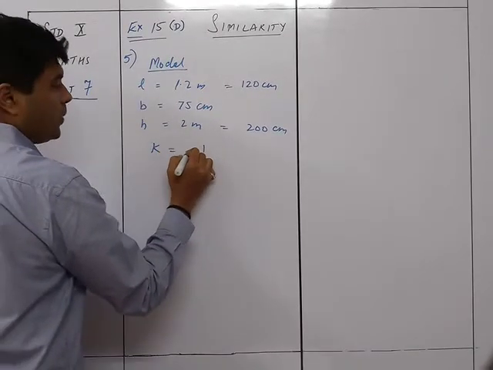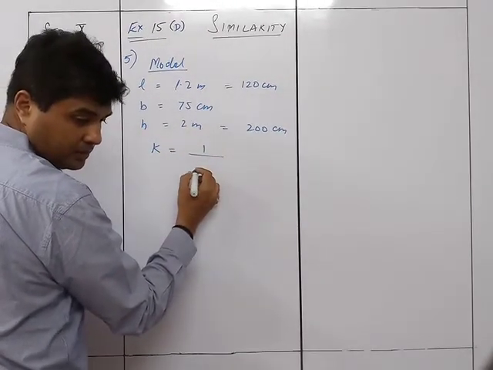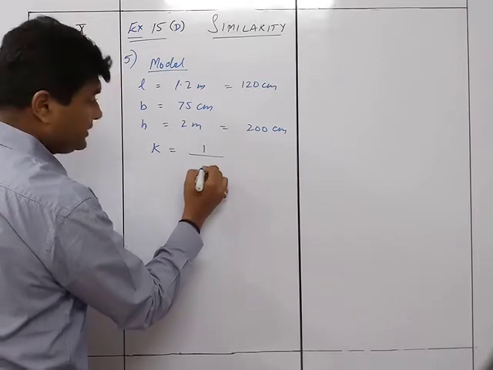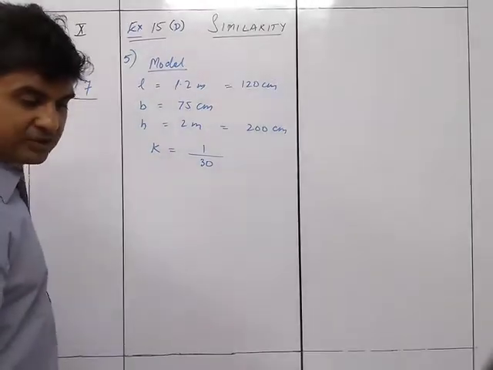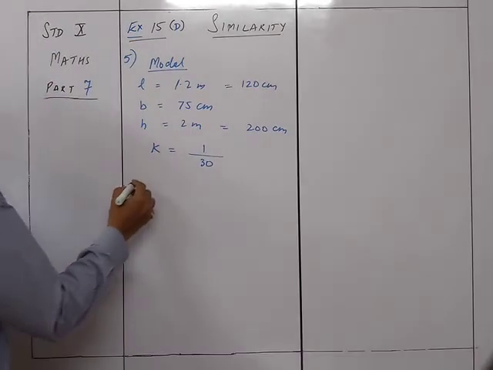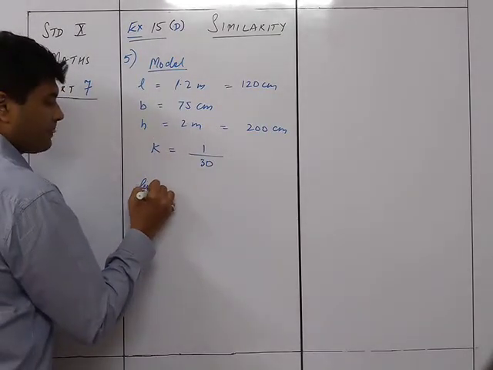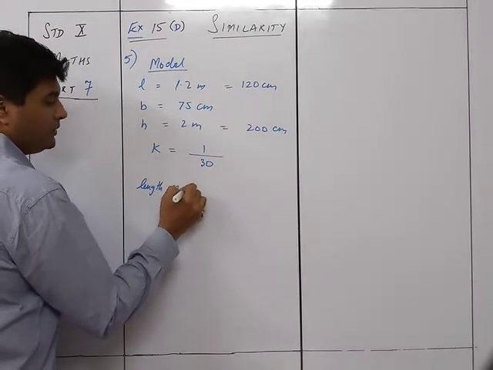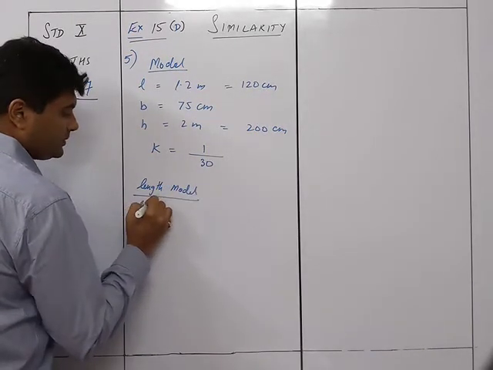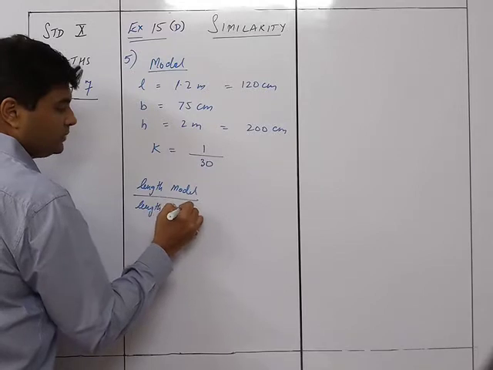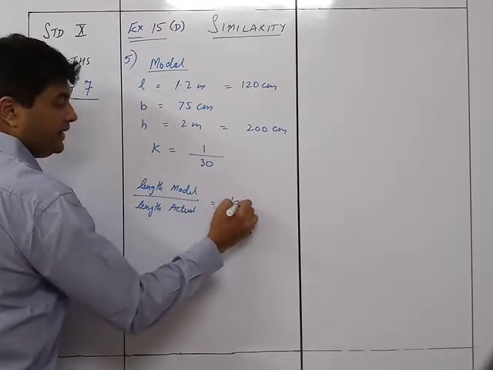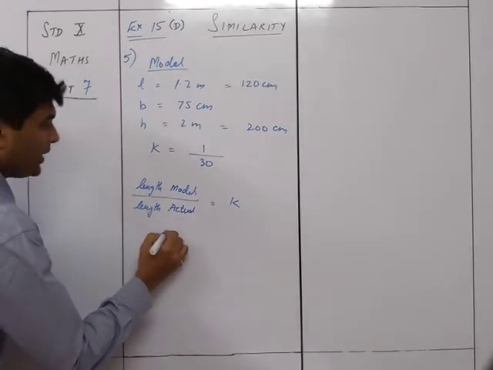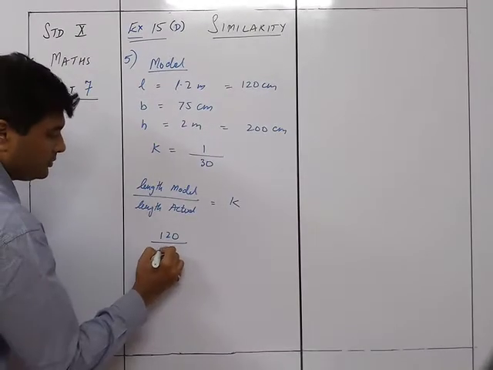K is equal to 1 upon 30. We need to find out the actual dimensions of the building. So we know that length of model upon length of actual is equal to K. So that gives me 120 upon actual.